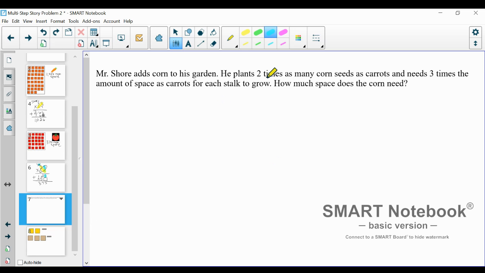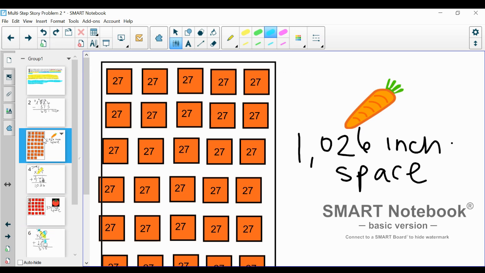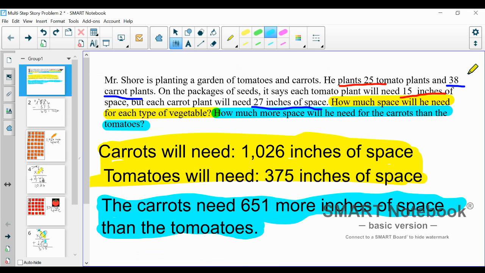So he needs 2 times as much corn seed as carrots. So let's go back to how many carrot seeds he needed. Looks like for carrot seeds, 38 carrot plants. Okay, so 38.